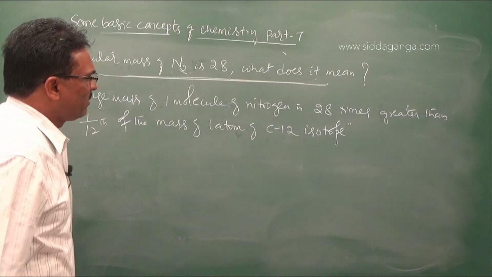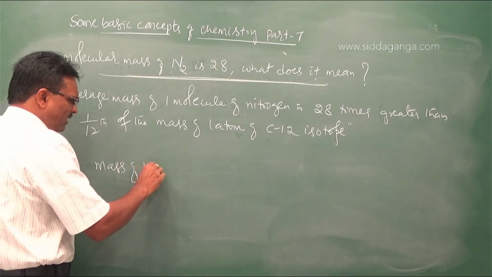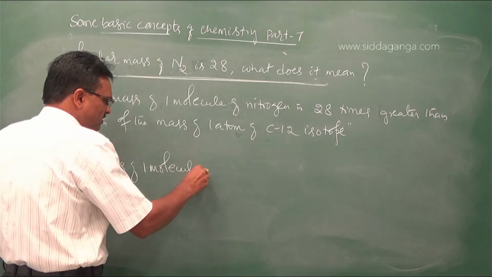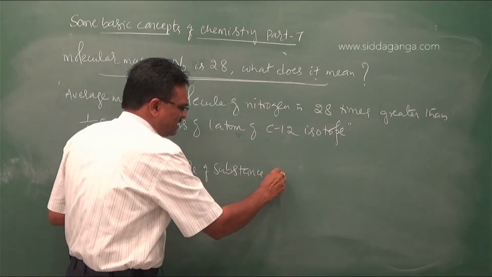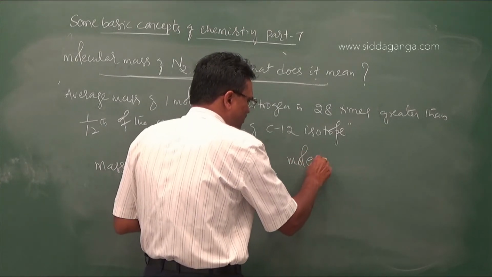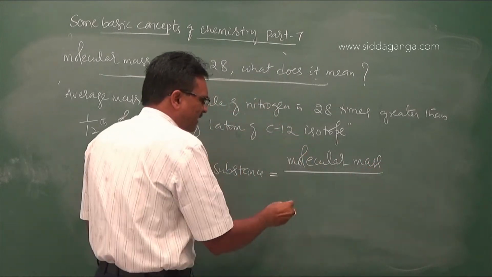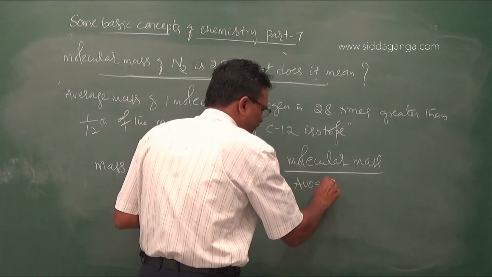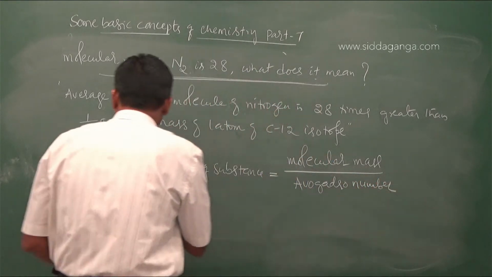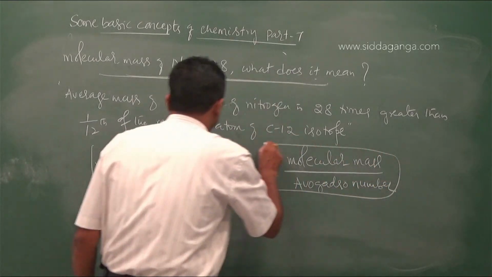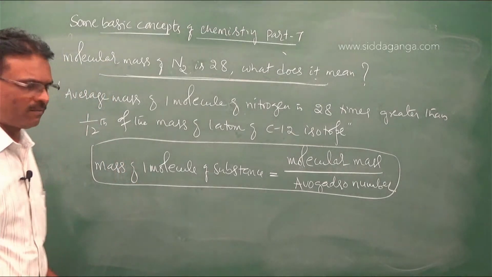Clear? So therefore, in general, the mass of one molecule of a substance is equal to the molecular mass divided by Avogadro number.